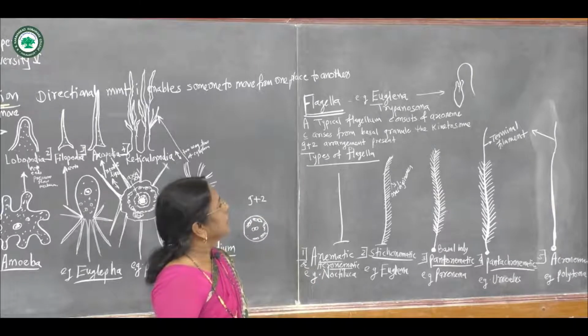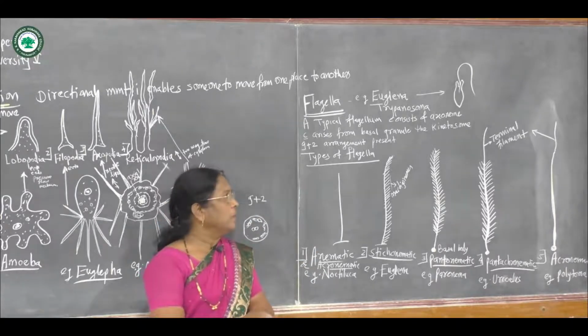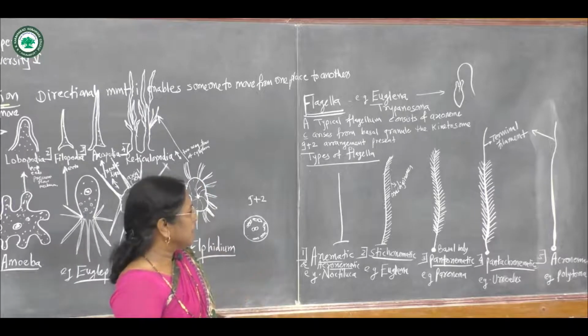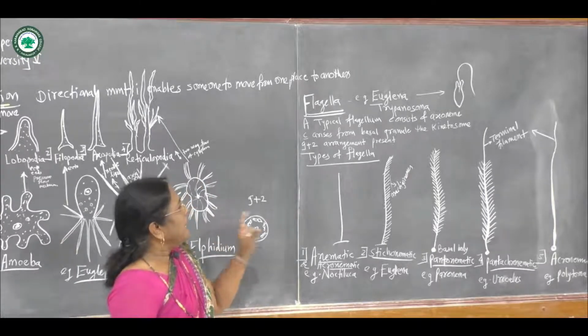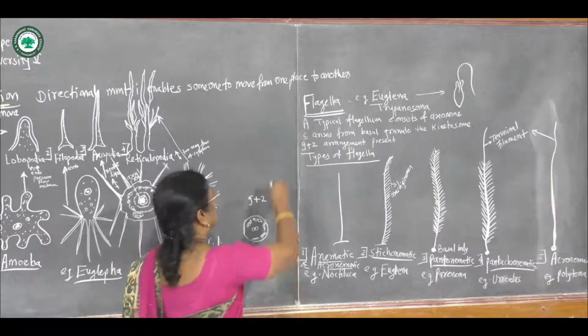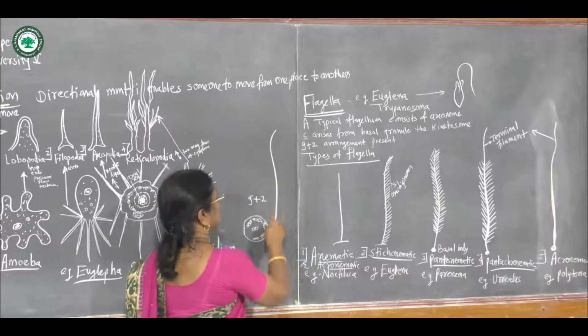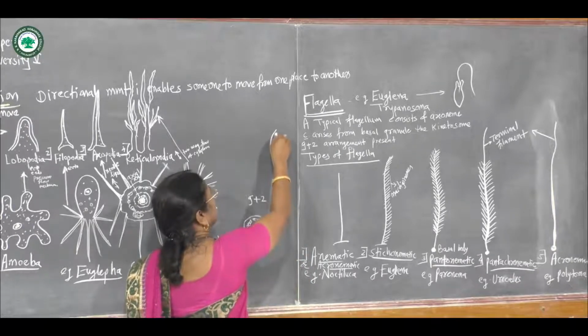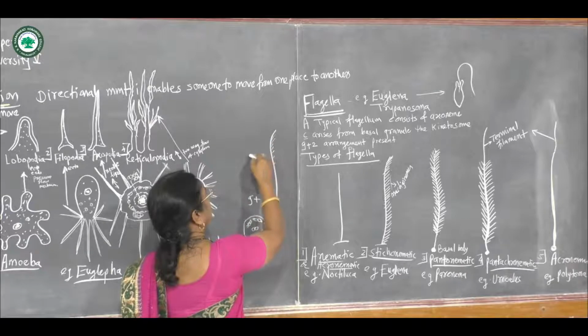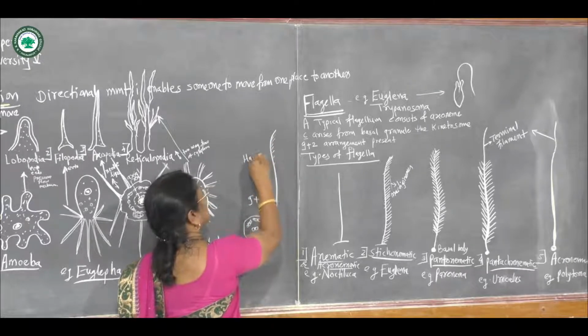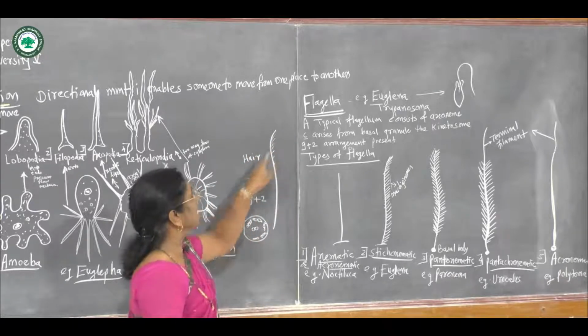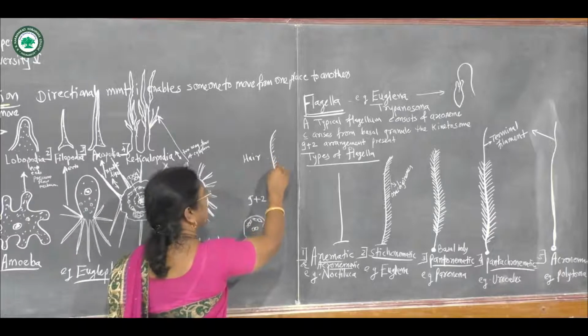There are 5 different types of flagella found in protozoan animals. Suppose this is a single flagellum, it shows small hair-like structures present on the flagellum.